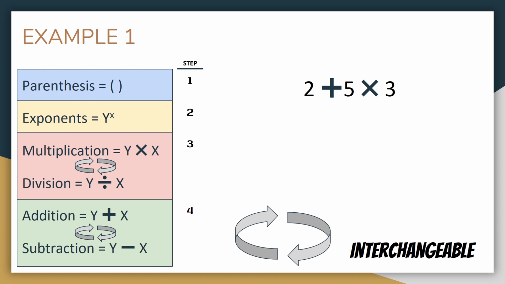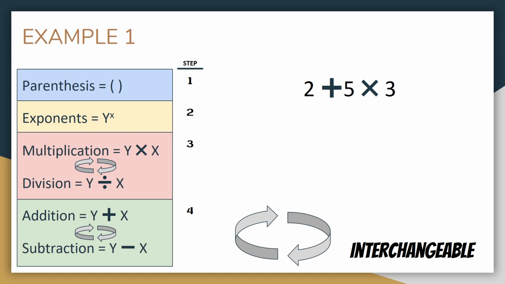Here in the blue, you're gonna see that parentheses are first, so that's the highest level. Below that is a mustard yellow that has exponents, so that's the second level. Below that, in light red, is multiplication and division. And below that, the last level is addition and subtraction. When you think of these as levels, you're thinking of what you need to do first.